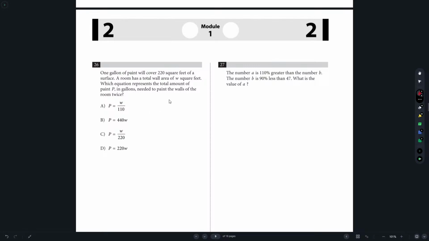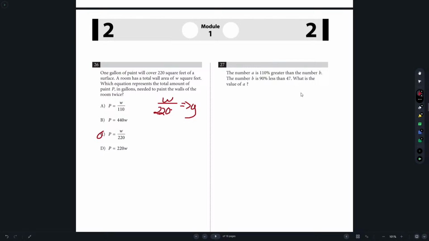If there is an area of W and each gallon covers 220 square feet, then W divided by 220 will give us how many gallons. Okay, yeah, so W over 220.